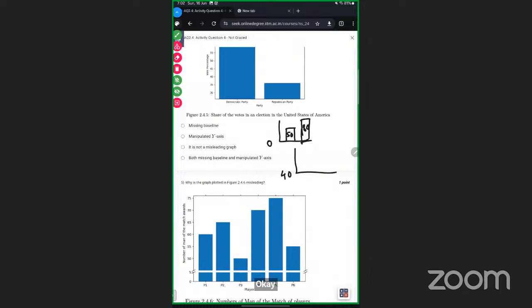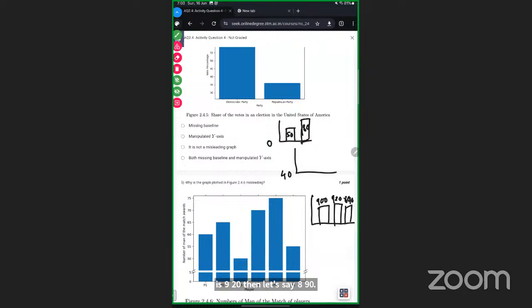Yes, you can manipulate the y-axis in a lot of cases, but it depends on what you want to represent. Sometimes every data point is relatively very equal. Let's say the first one is 900, this is 920, then 890. These all come very close to 900 or so.